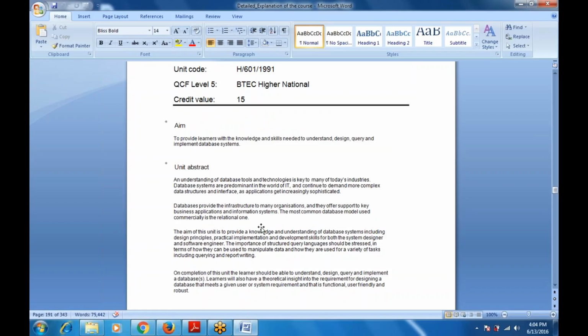And this is the brief on why a database is useful for every organization. A database provides the infrastructure to many organizations and also provides support to the key business applications and information systems. That means whenever we are using a database, it is a storage, repository, or warehouse.